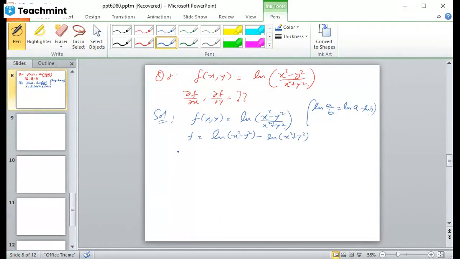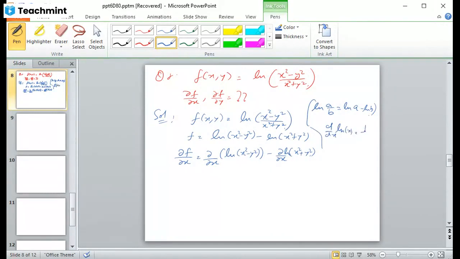Now if I want to differentiate my function with respect to x, we are using here again the composition. The first function is the logarithmic function and the second function is the polynomial function. Firstly, what is the derivative of log x?